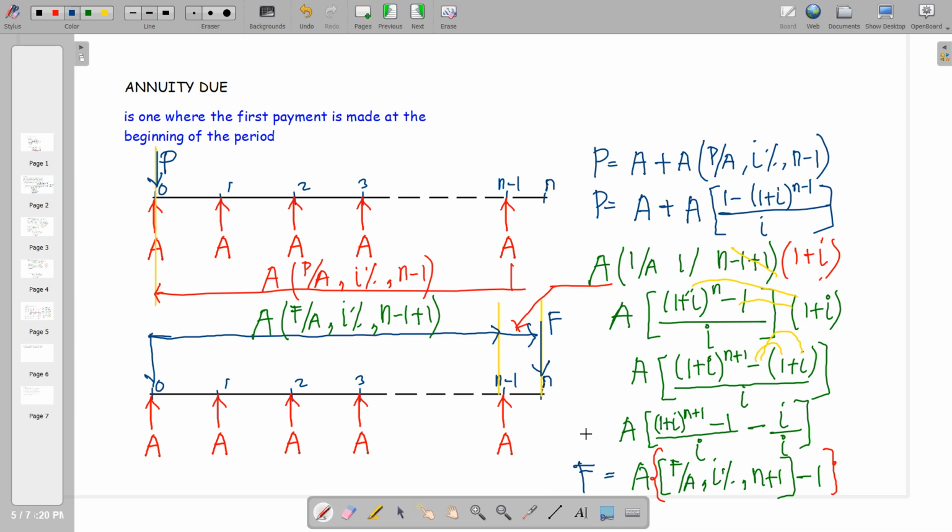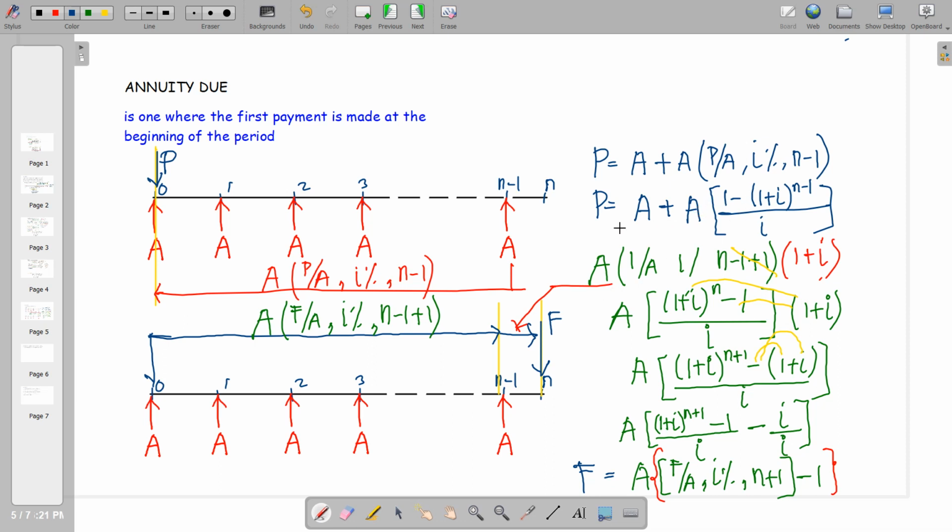Okay, so that's all the derivation on the present worth and the future worth of the annuity due, where the first payment is made at the beginning of the period. So here, no need to worry about this formula.